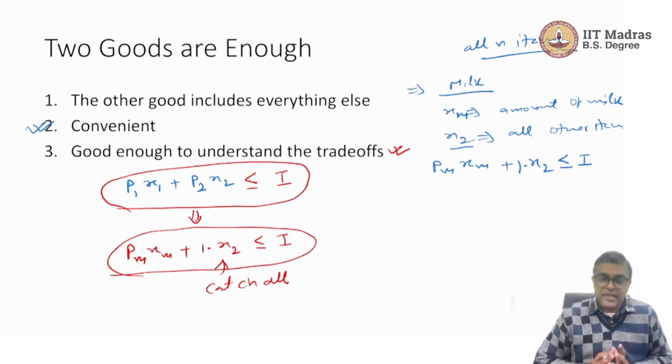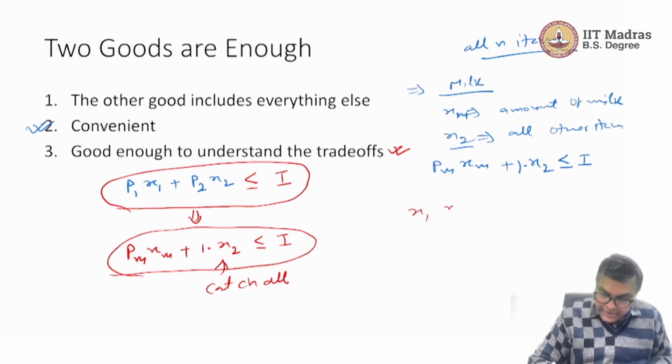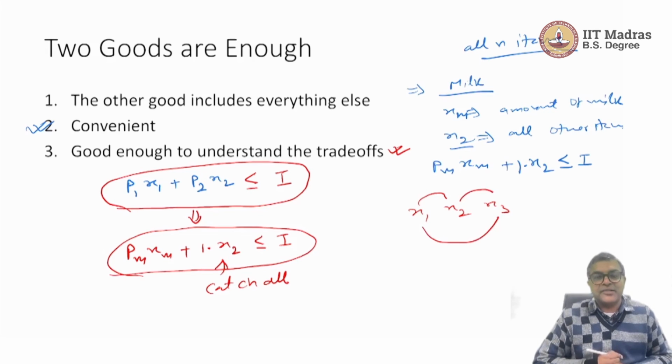So in economics everything is about cost and benefit, and therefore what is important is the trade off between the two items. If you have 3 items, x1, x2, x3, you will have 3 trade offs: between x1 and x2, between x1 and x3, and between x2 and x3.